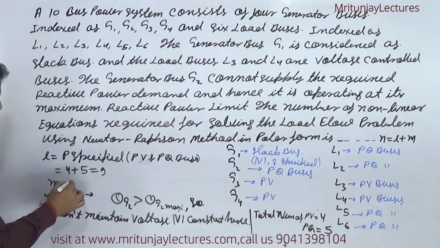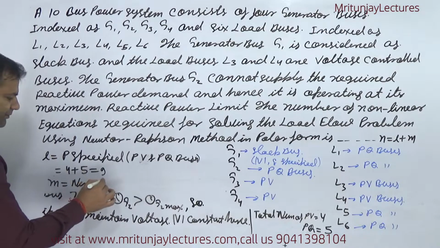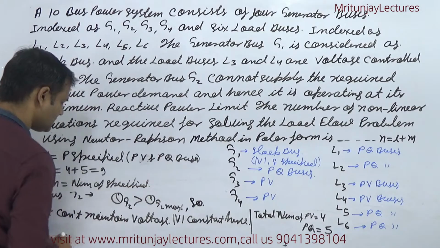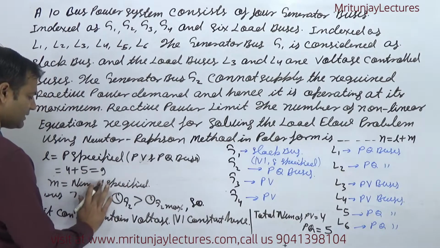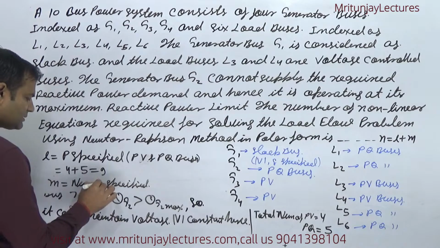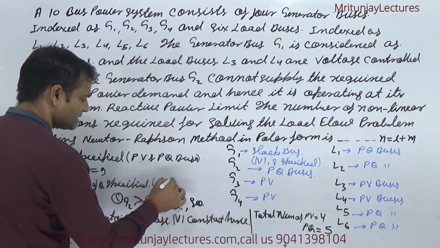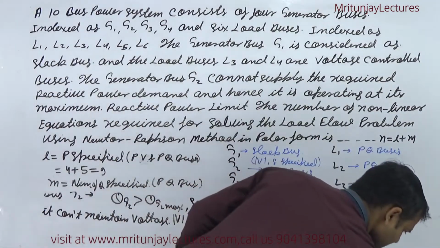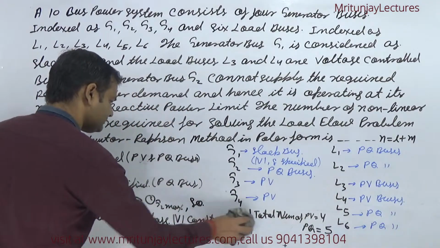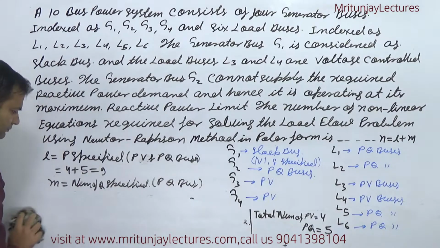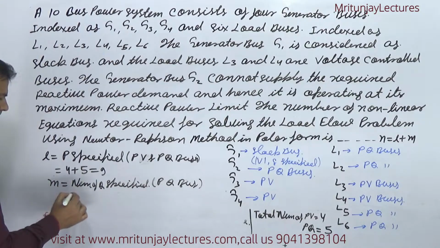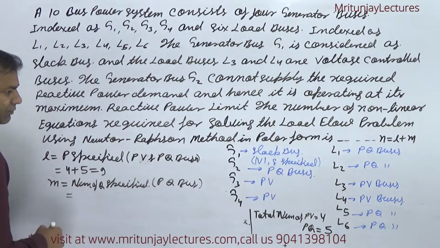And what about M? M is the number of Q specified, it means PQ buses.